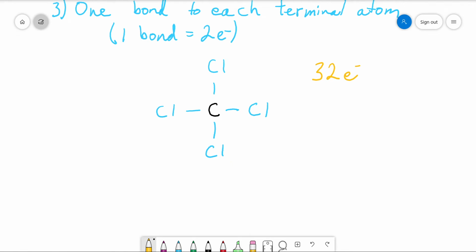The molecule can only have 32. It cannot have 31, 33, or any other number. And we have to get them distributed correctly. So let's see how many we've used. We've used 2, 4, 6, 8 between the 4 bonds. Remember, each bond is 2 electrons. So 32 minus 8 leaves us with 24 electrons to play with in the next step.